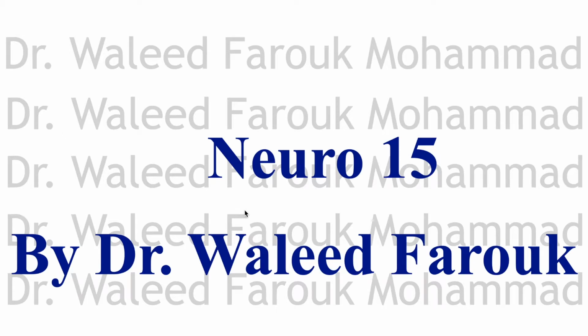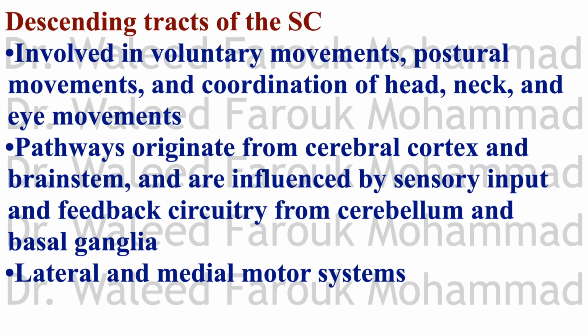In this lecture we'll continue our discussion of the spinal cord descending tracts, the motor system. So let's begin. The descending tracts of the spinal cord are involved in the control of voluntary movements and postural movements and coordination of the head and neck and the eye movements.